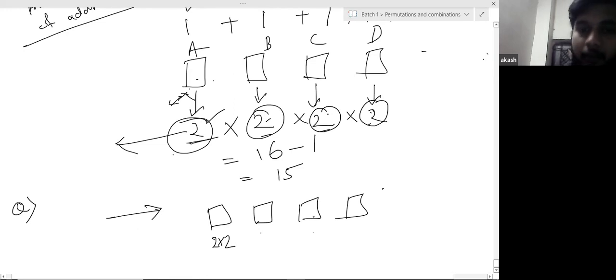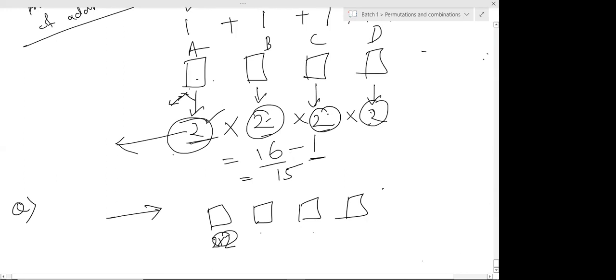You can either tick C or not, like that. And I calculated the answer was 16. So there is also an option where I didn't tick any of them. So I have to subtract that option. That is why I subtracted one from that, where I left all the options blank, because I have to answer.